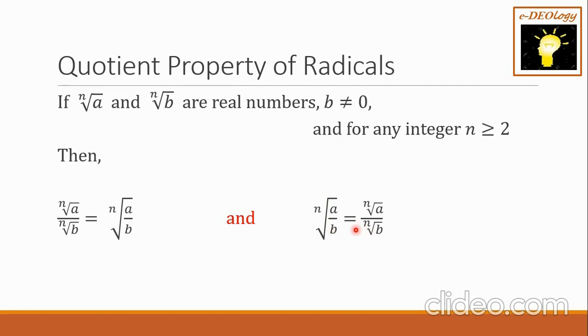As you see, this is now equal to the nth root of A over the nth root of B. This is now called the simplification rule based on the quotient property of radicals. If you notice, this equation is also the quotient property, but the positions of the left side and the right side are interchanged.